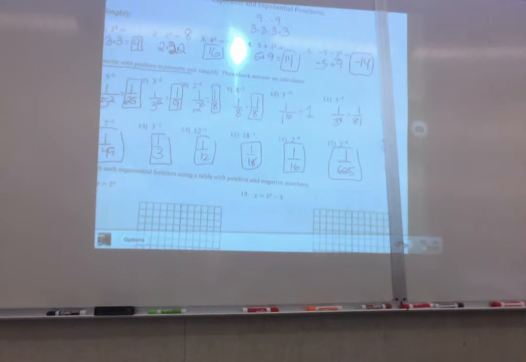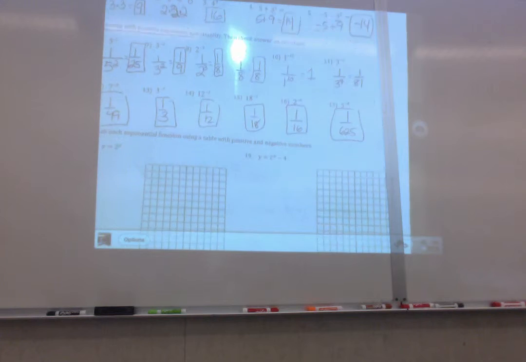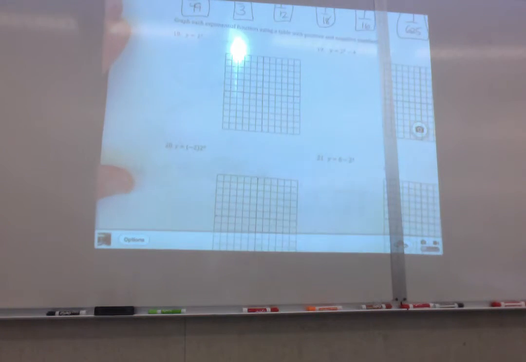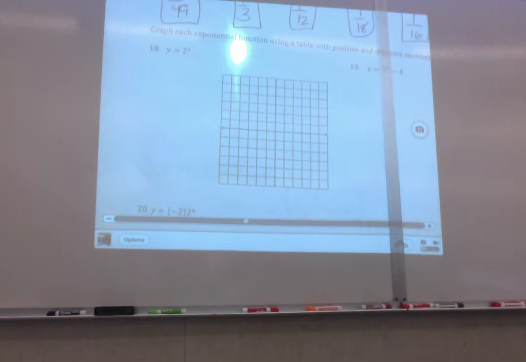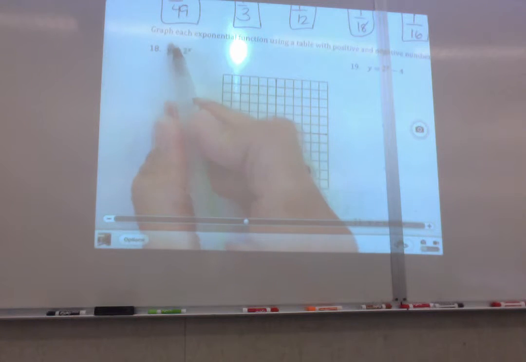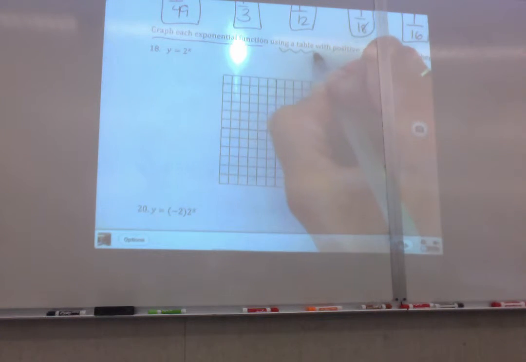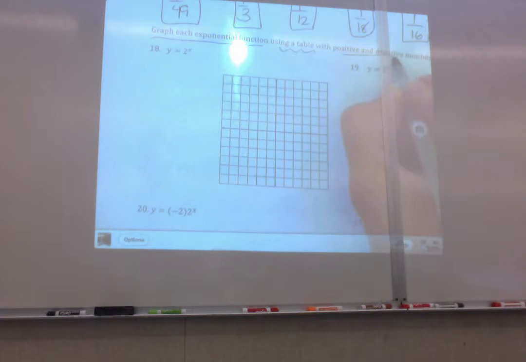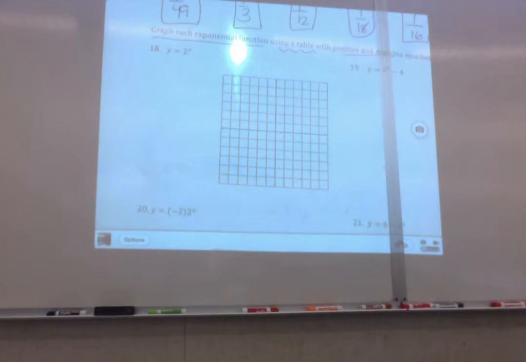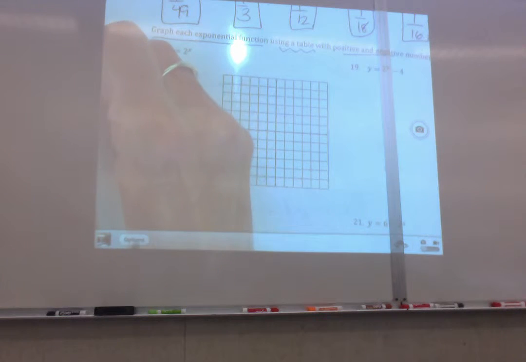All right. Now, looking at our directions. I'm going to make it bigger so we can focus on one thing at a time. Graph each exponential function using a table with positive and negative numbers. Here's what we're going to do to graph with the table. We're going to make a table where we have an x.